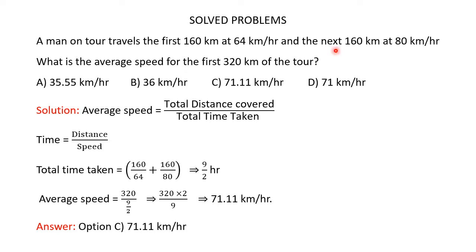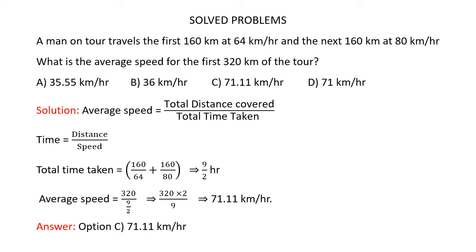He travels the next 160 kilometers at 80 kilometers per hour. So the time taken here is 160 divided by 80 hours. So the total time taken is 160 divided by 64 plus 160 divided by 80, which is nothing but 9 by 2 hours. Now we know the total distance covered is 320 kilometers and total time taken is 9 by 2 hours.